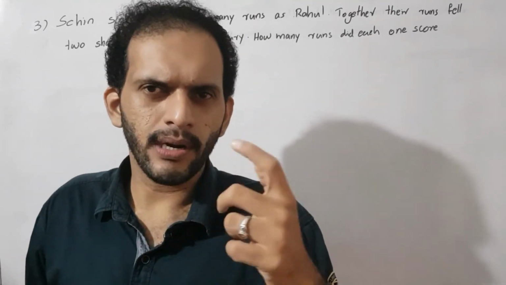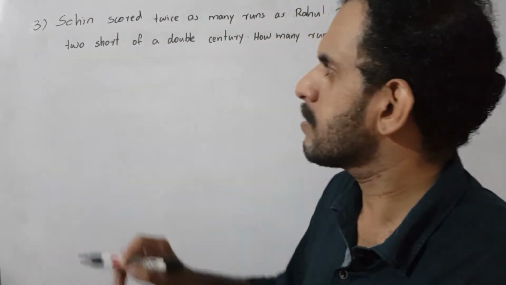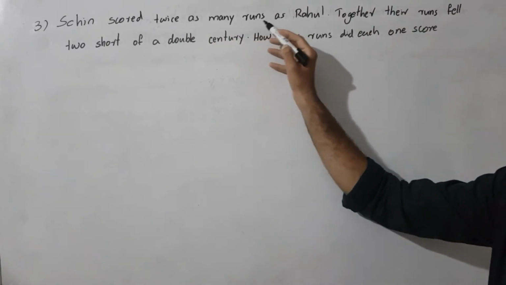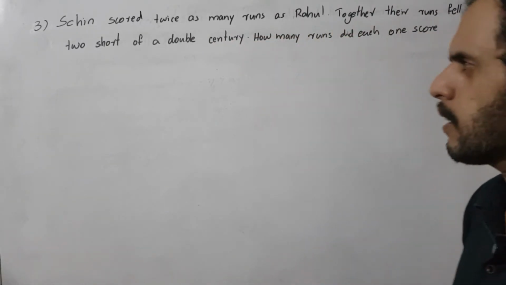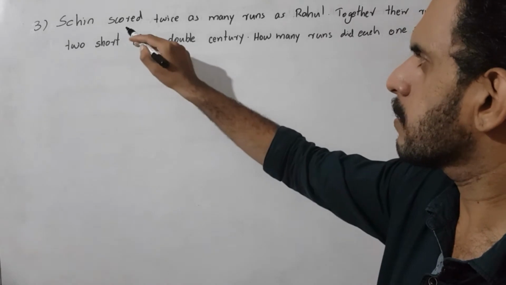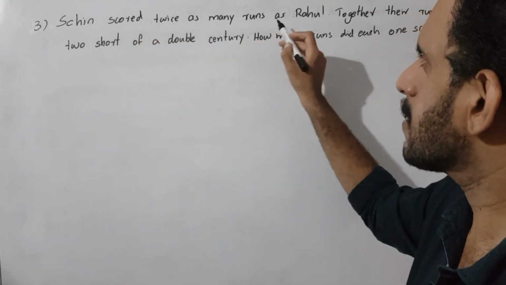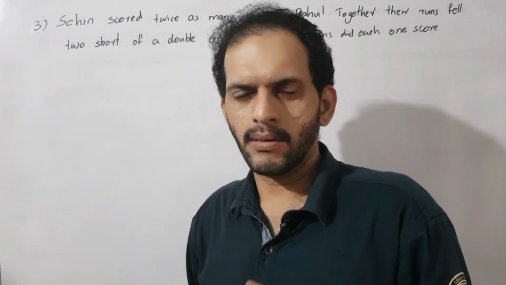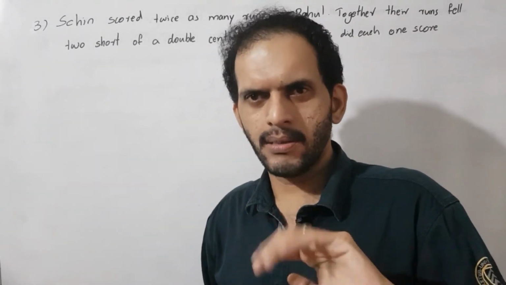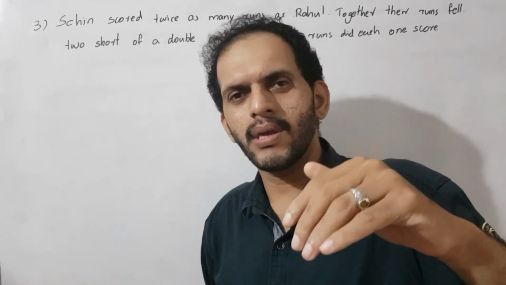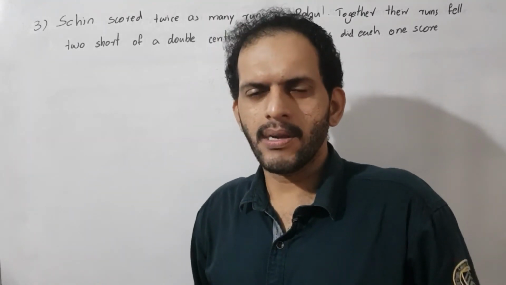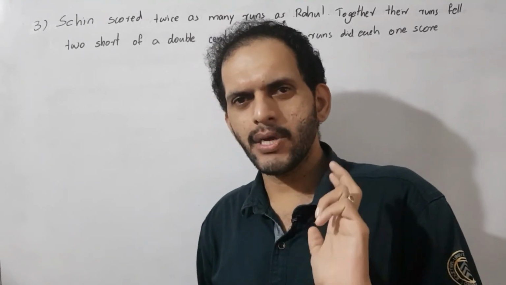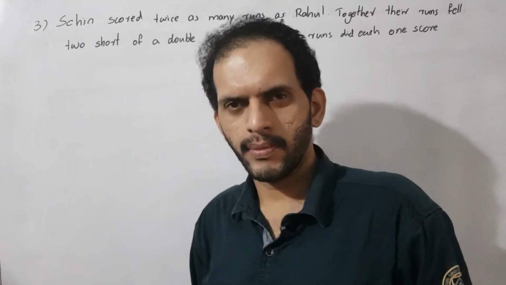Then for getting that we read the question once again. What is the question? The question starts like this: Sachin scored twice as many runs as Rahul. What does it mean? Sachin scored twice as many runs as Rahul means Sachin's score is twice Rahul's score. Here the score of Sachin is not specified, it just says the relation on the base of Rahul, correct?